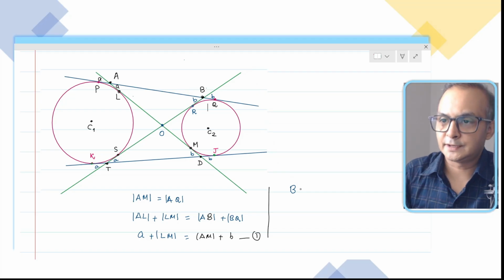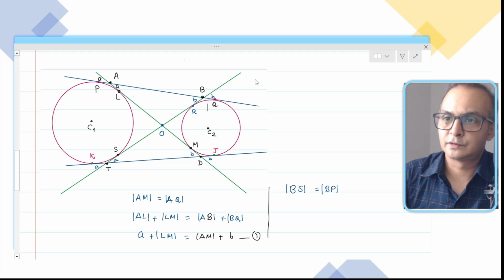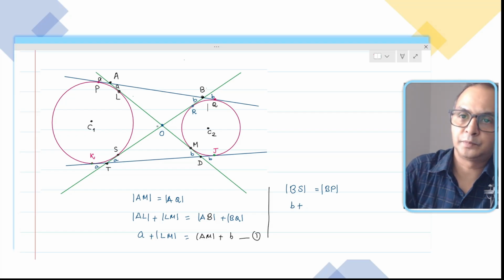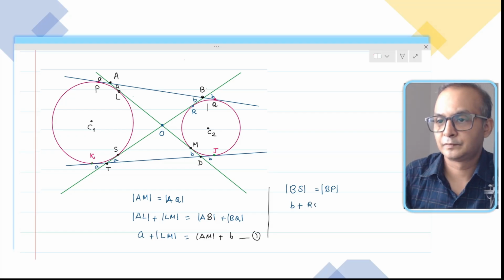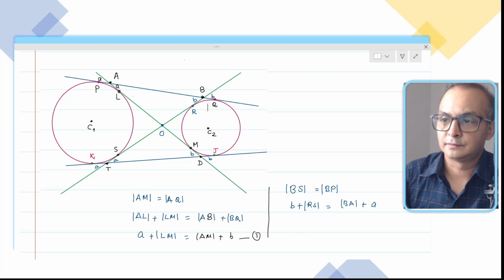So I can write BS is equal to BP, and BS is nothing but B, the small b, plus RS, and the BP I can write as AB or BA plus small a.